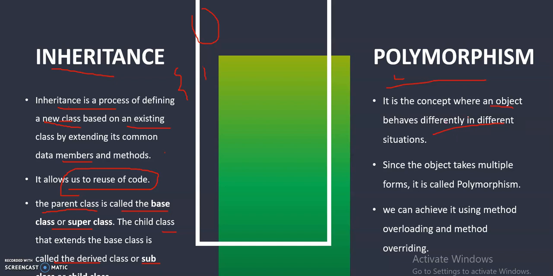But by the use of polymorphism, we can use these objects differently in different situations. We will take an example of this in the next videos, so don't worry about that. Since the object takes multiple forms, it is called polymorphism. This is the common definition, which is very easy.